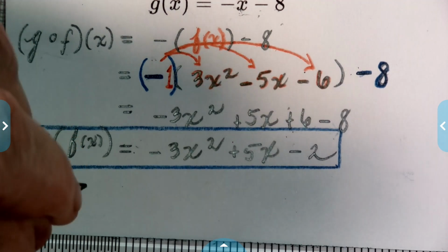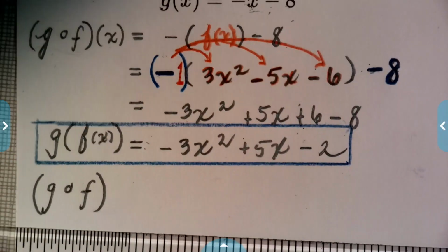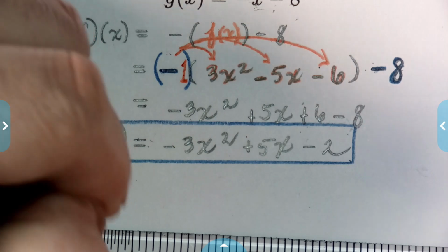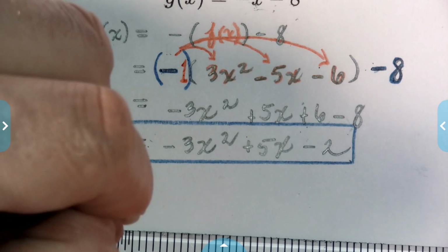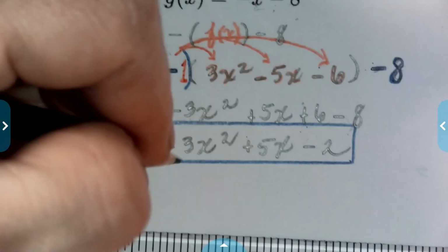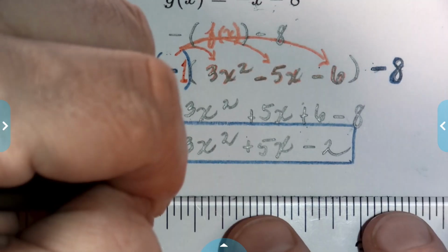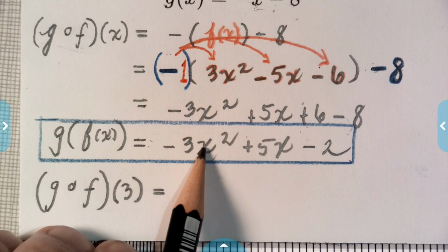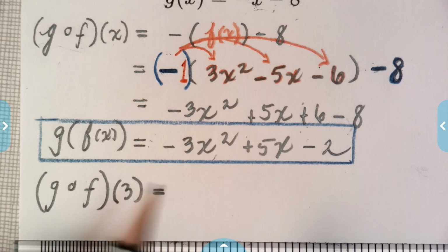Okay, I'm using this different notation again. I'm switching back and forth between notation styles just to get you comfortable that they are interchangeable and identical. So now we're evaluating this at 3. This time I'm going to replace these x's with 3's.